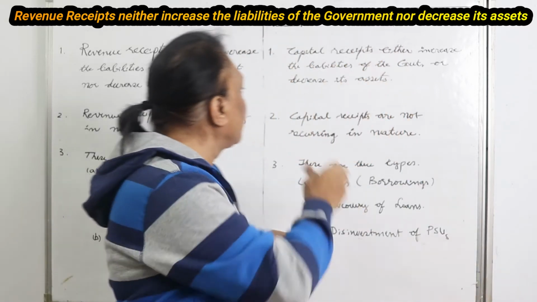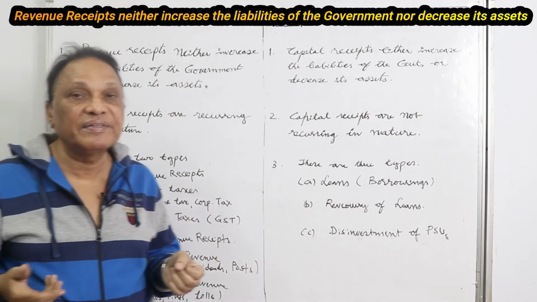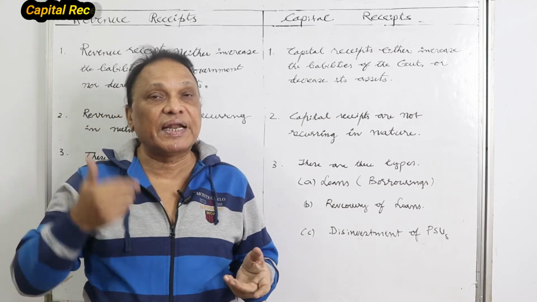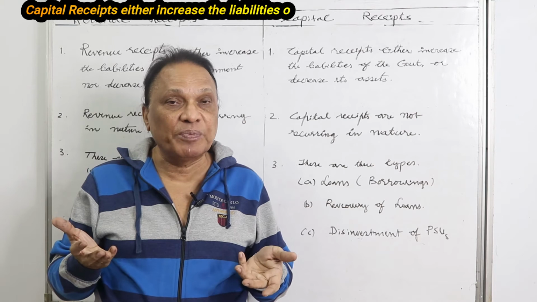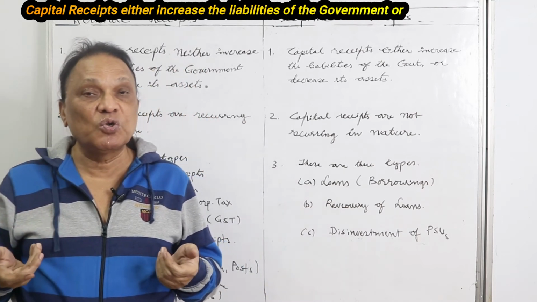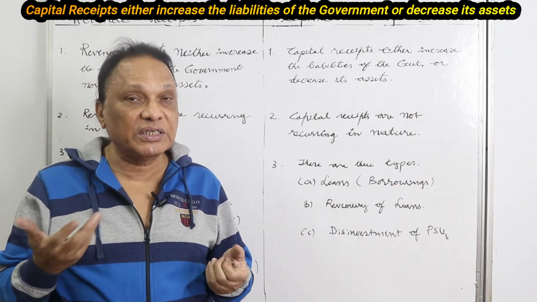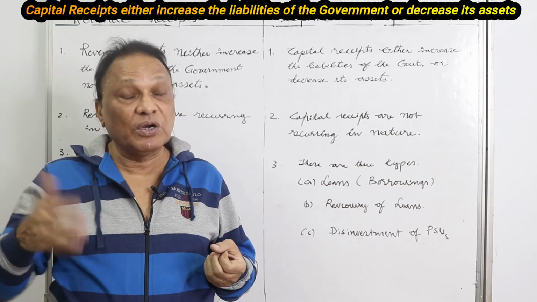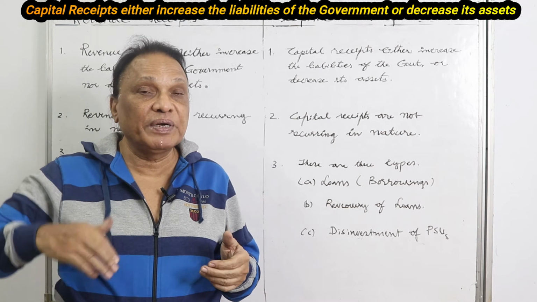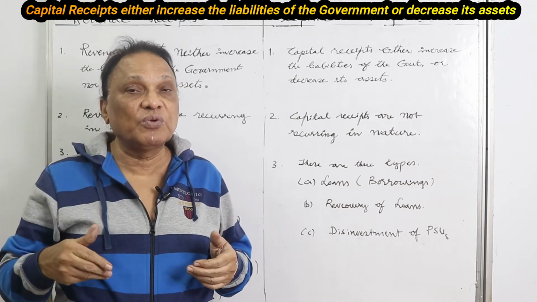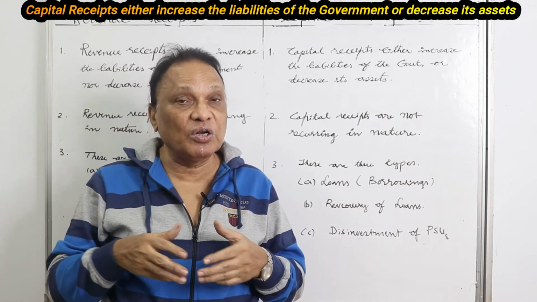And what are capital receipts? Capital receipts either increase the liabilities of the government, when the government borrows loans from the World Bank, the International Monetary Fund, IMF, or from other governments in the world. Obviously liabilities of the government will go up.